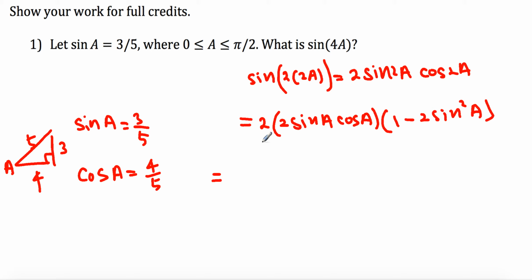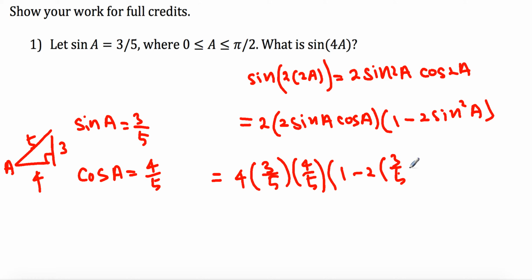Then all I have to do now is to plug in all the values. 2 times 2 becomes 4. Sine of A, which is 3 over 5. Cosine of A, that's 4 over 5. 1 minus 2 times sine of A, which was 3 over 5, squared.